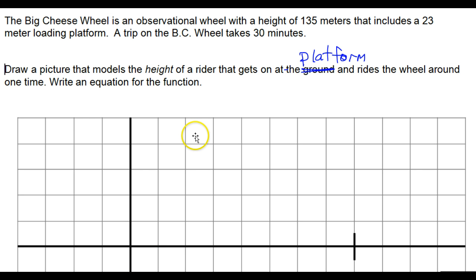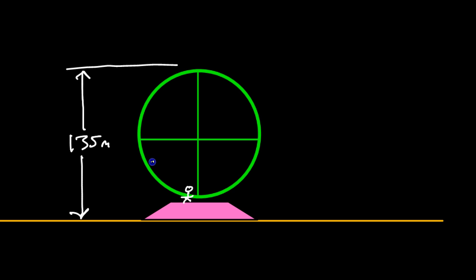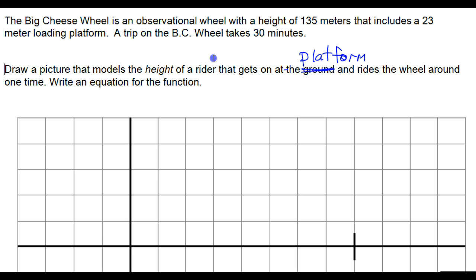What are they saying? The observation wheel has a height of 135 meters. So the height right here is 135 meters from the ground. Keep that in mind. What else are they saying?